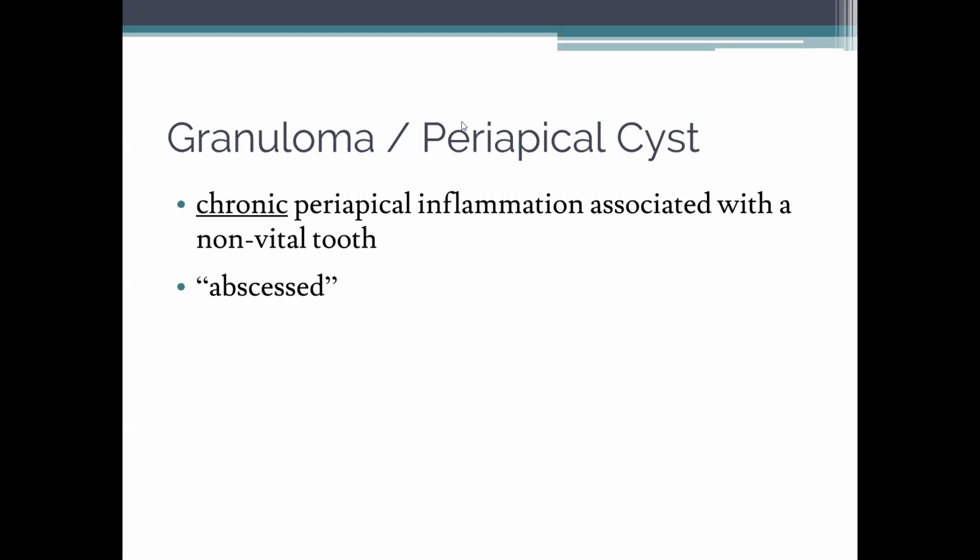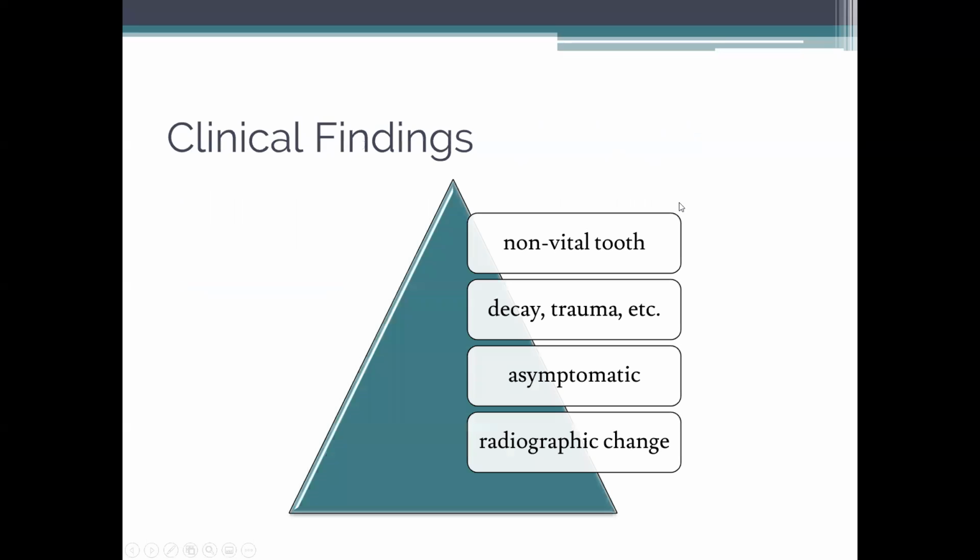So you can always have chronic, no pain, and one day on a 3-day holiday when all the dental offices are closed, it flares up and they have pain. So what do we see with clinical findings of a granuloma or periapical cyst? The tooth is dead, decay, trauma, it's asymptomatic, and we will see a change on the x-ray.